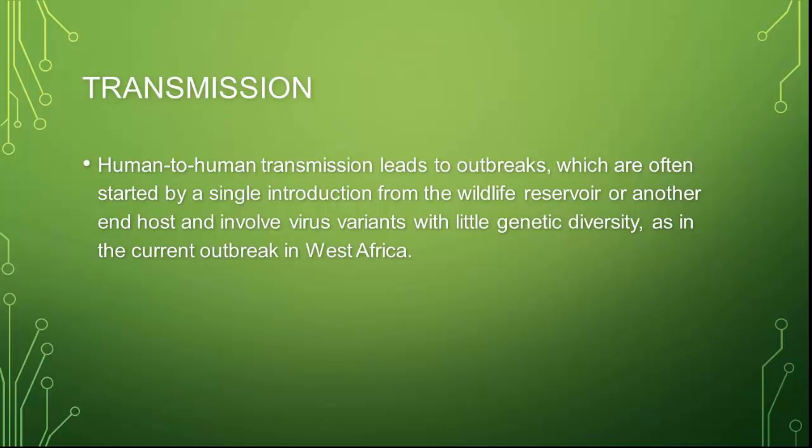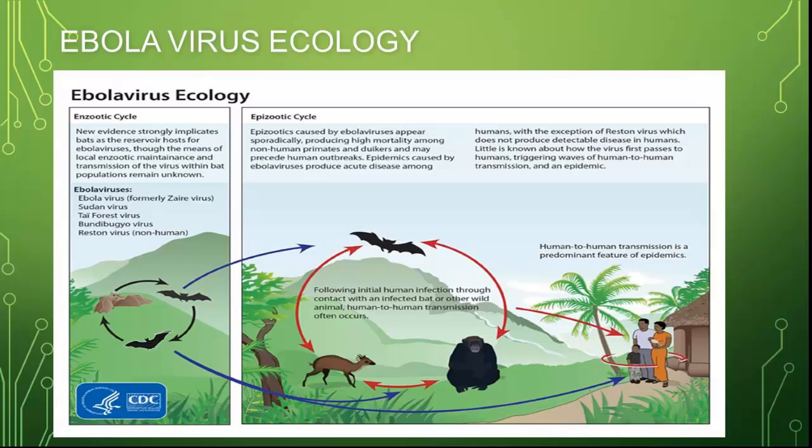Okay. Human-to-human transmission is what leads to outbreaks, which are often started by a single introduction from the wildlife reservoir or another end host, and involve variants with little genetic diversity, as in the current outbreak in West Africa. So this is a nice picture from the CDC representing the theory of how the virus can be spread to humans.